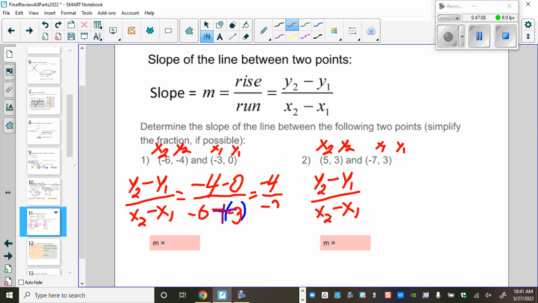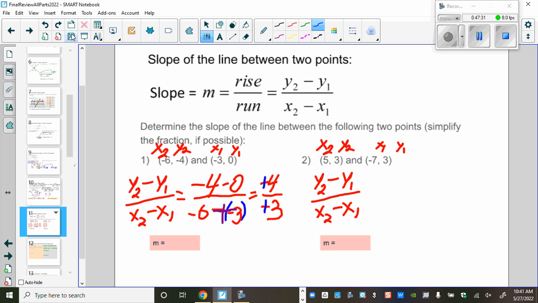Now, notice you have two negatives. -4 divided by -3. What happens when you divide two negatives? That's a positive. Now, 4/3, can you simplify it, or do you have to leave it be?